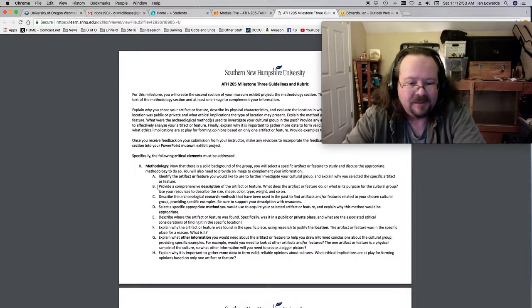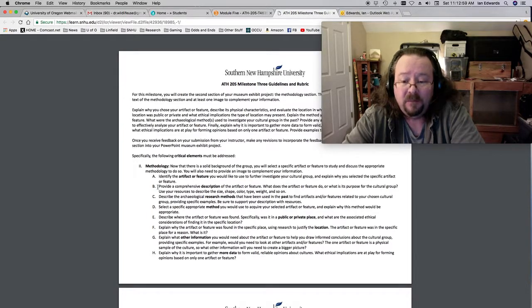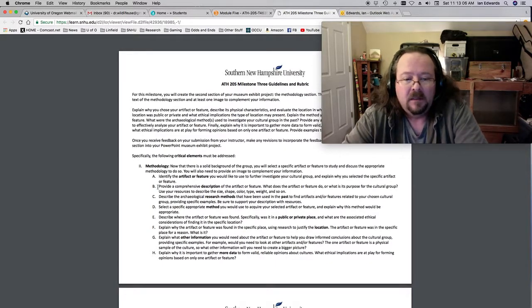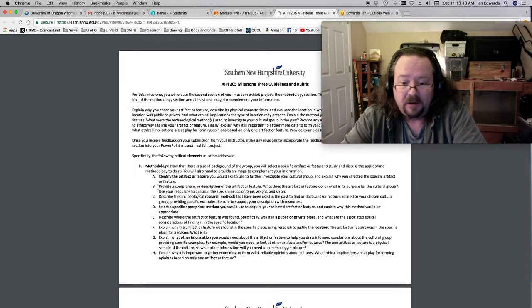Point G: explain what other information you would need about the artifact or feature to help you draw informed conclusions about the cultural group, providing specific examples. And I give an example here. For example, would you need to look at other artifacts and or features? All right, the one artifact or feature is a physical sample of the culture.